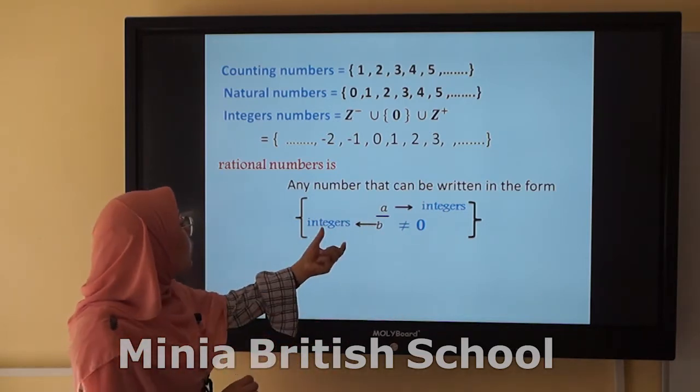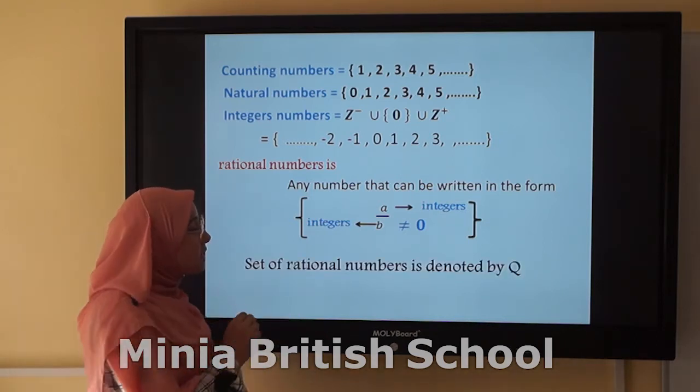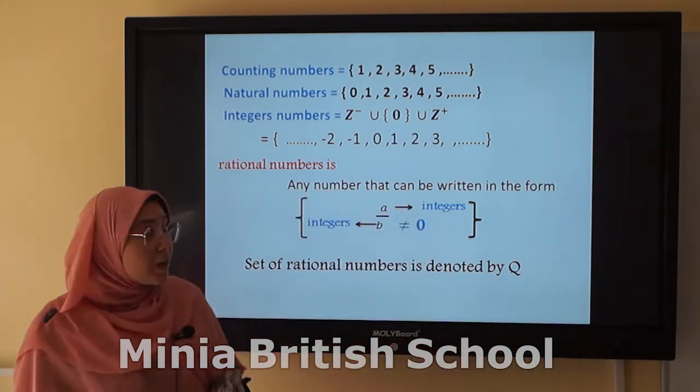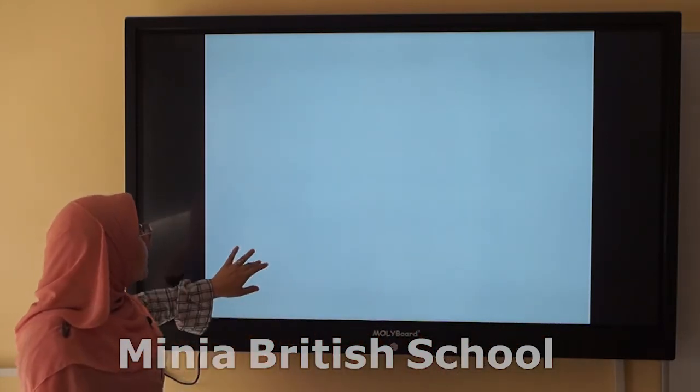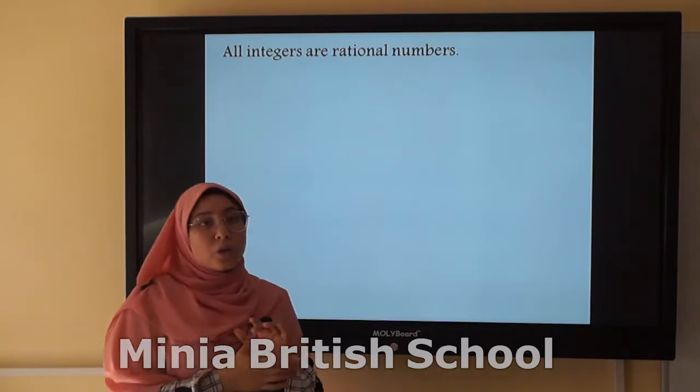This set is called rational numbers, and it is denoted by capital Q. So remember with me, all integers are rational numbers.